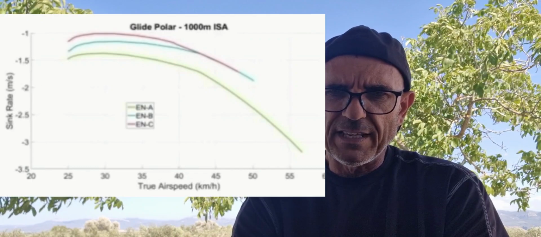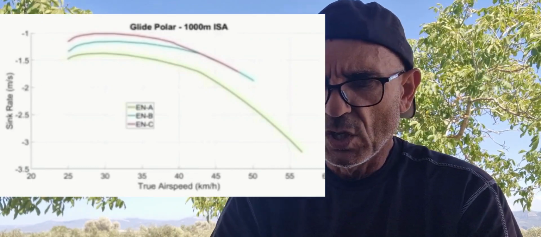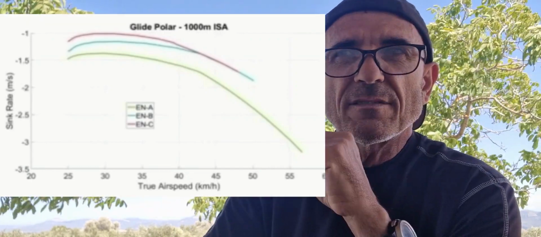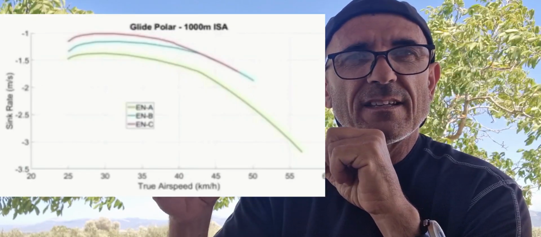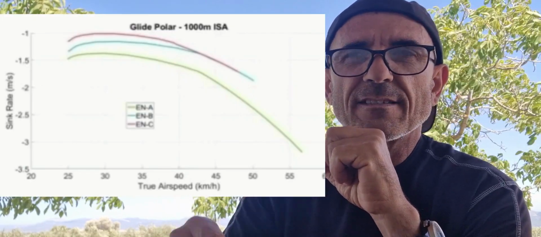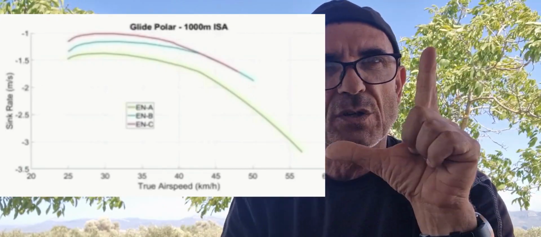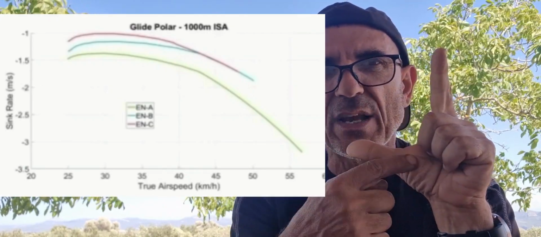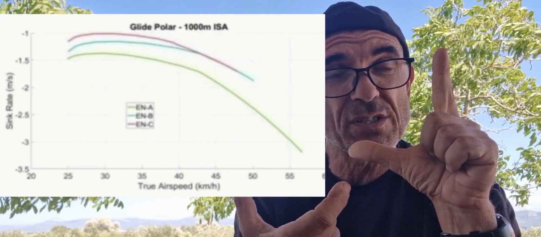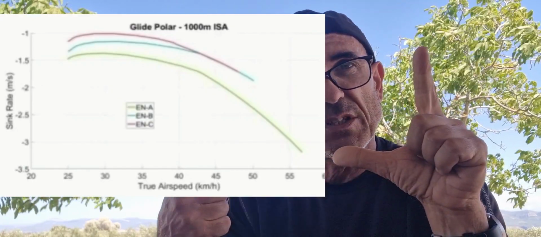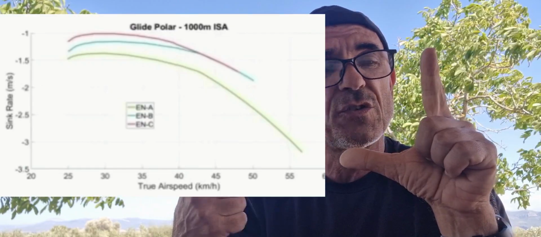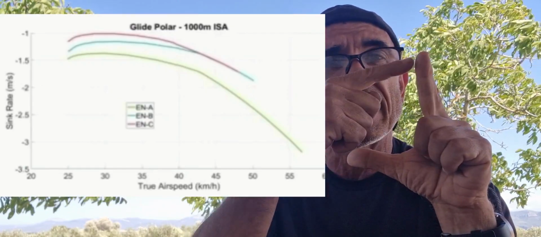Sink rate is meters per second, and speed is also meters per second. So they both can be translated onto a diagram where x and y are meters on the surface, and height.